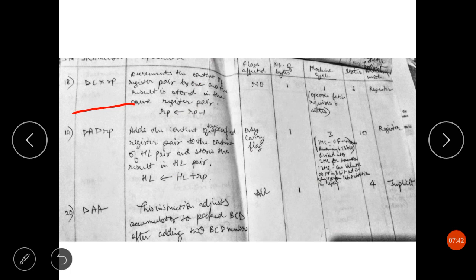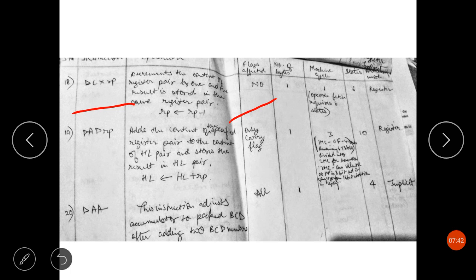Like in BC you will write B, in case of HL you will write H, in case of DE you will write D. So DCX will decrement the content of the register pair and store the decremented content in the same register pair. Flags affected: no flags will get affected.